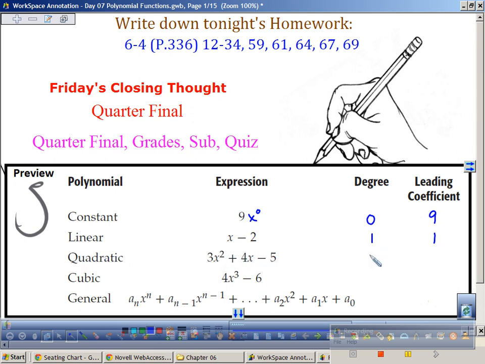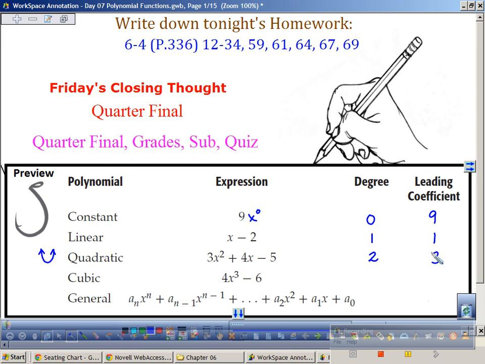Quadratic because it has a degree of 2. Quadratic functions look like what? Like a U, right? Okay, what is the leading coefficient of the quadratic function? 3. You guys have that one.